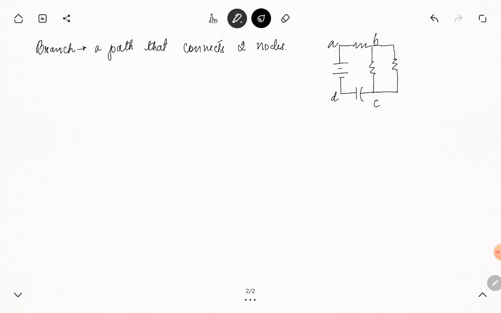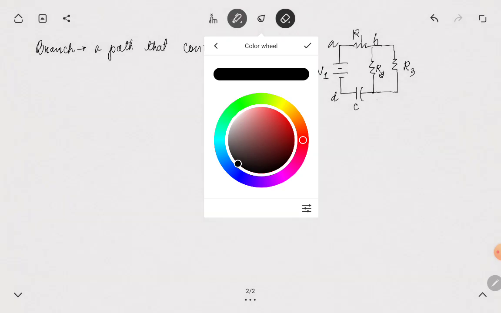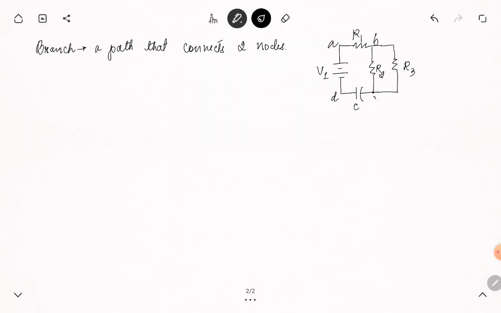Let it be R1, R2, R3, B1, and C for the node C, and this is the capacitance C. So where is the branch?